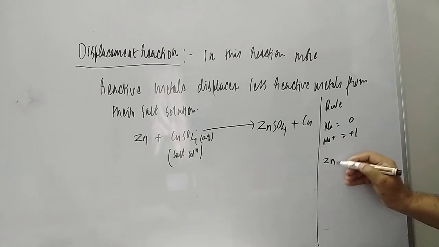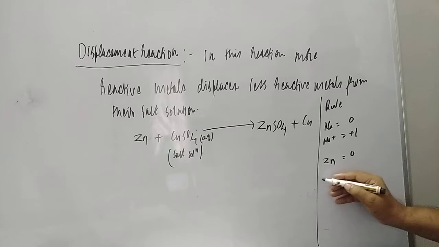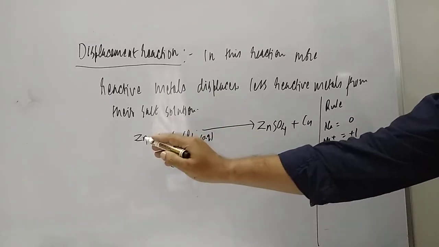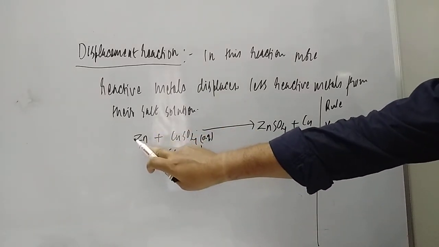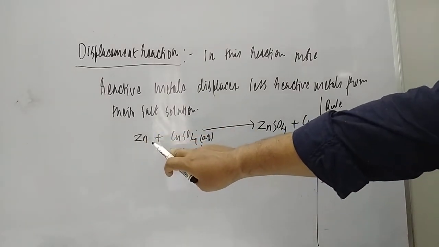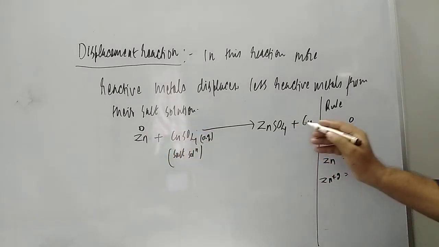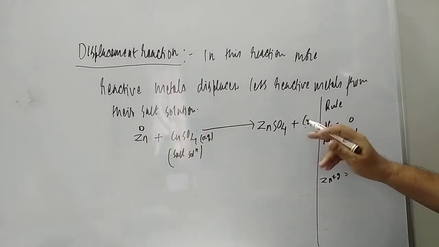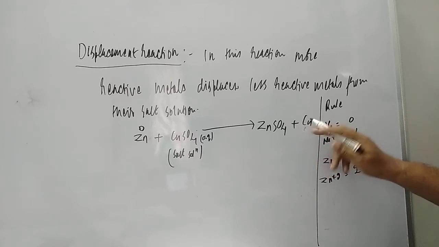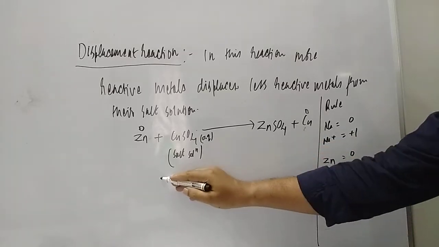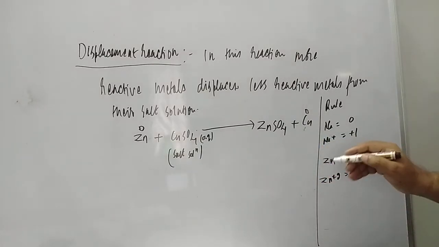Similarly, for zinc, the oxidation number is 0, but for Zn2+, the oxidation number will be +2. So here, what is the oxidation number of zinc? Anyone can tell? 0. What is the oxidation number of copper here in this reaction? Copper 0. Super.